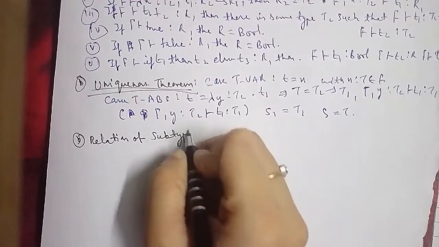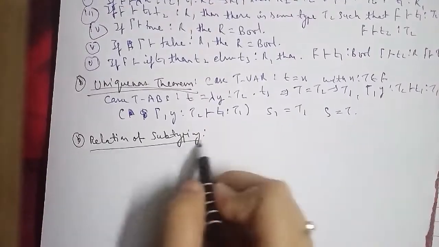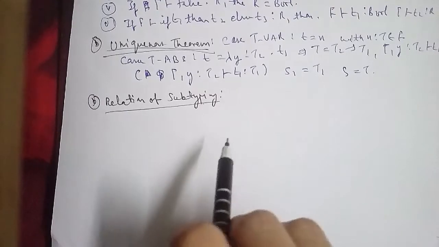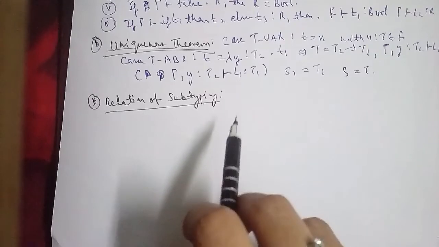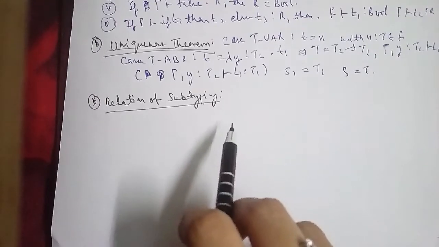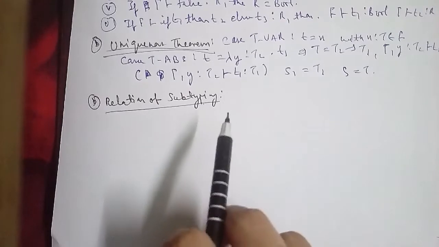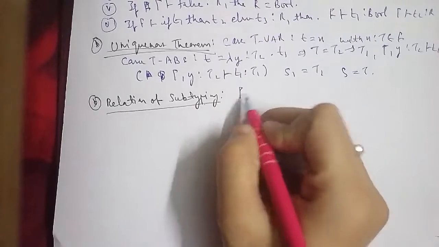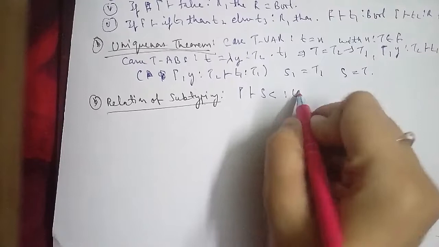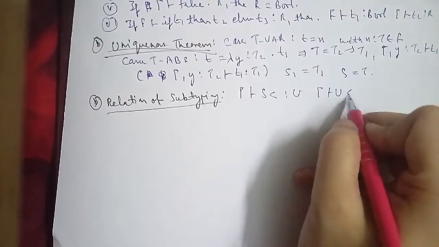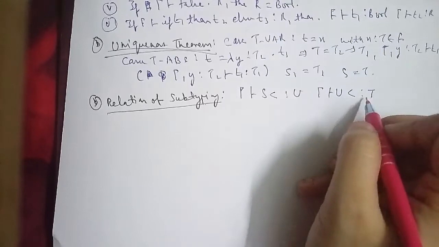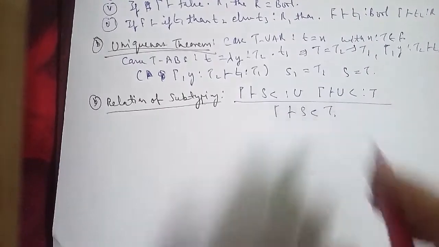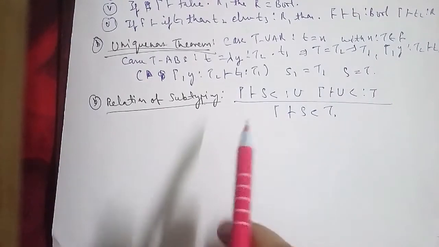In the relation of subtyping, the subtyping relation is defined for types having similar structures, and the subtyping relation should be reflexive and transitive as well, which will be represented in the form of: Γ ⊢ S <: U, Γ ⊢ U <: T, and then Γ ⊢ S <: T as well. So these rules follow directly from the intuitions of safe substitutivity, and the remainder of the rules defining the subtype relation concern the behavior of the specific type constructors as well.